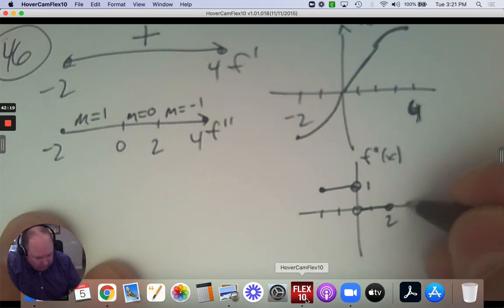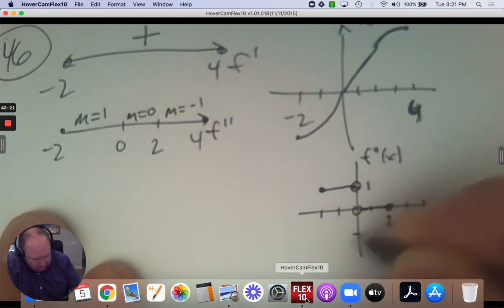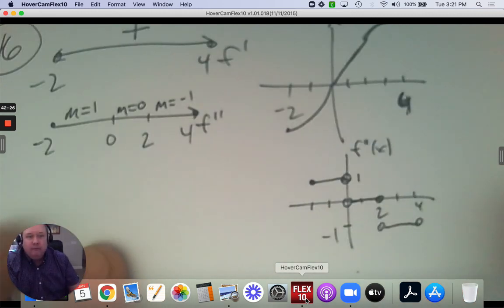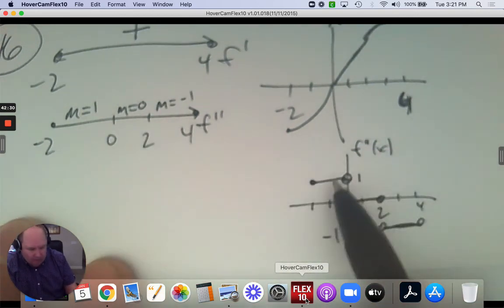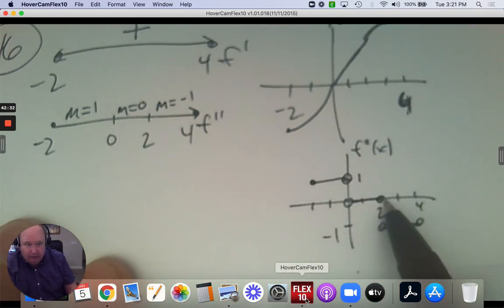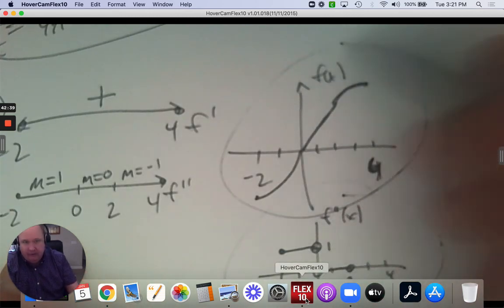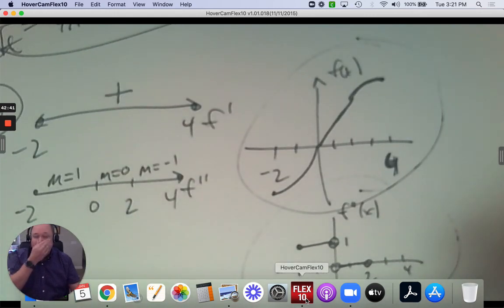And from 2 to 4, the answer is -1. So we have a slope of 1, a slope of 0, and a slope of -1. There's the graph of the second derivative, a possible graph of the function, and the question gave you the graph of the first derivative.